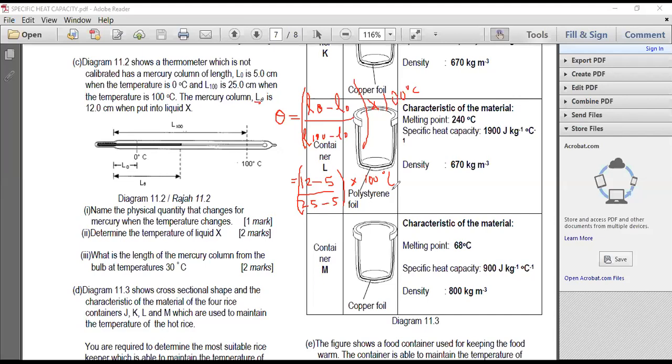So 12 minus 5 divided by 20 times 100. That gives 35 degrees Celsius.